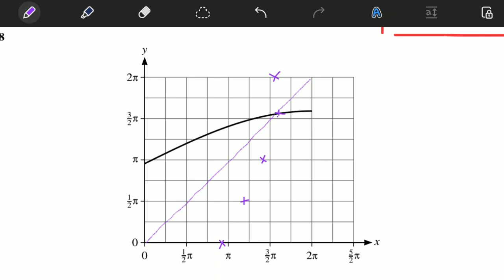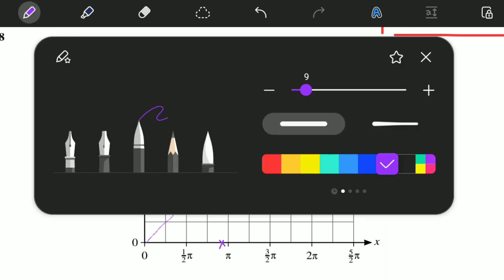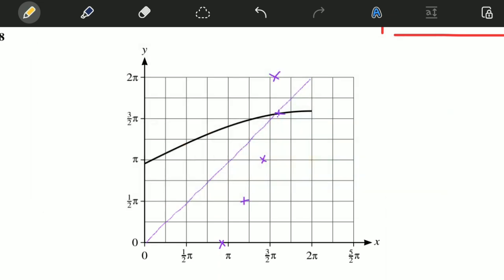Now we have to just join them. I'm trying to join them with some other line. This is it, somehow like this. I hope you got it.